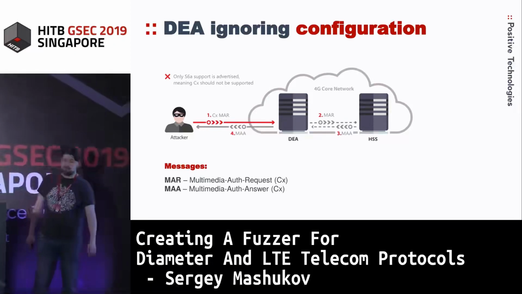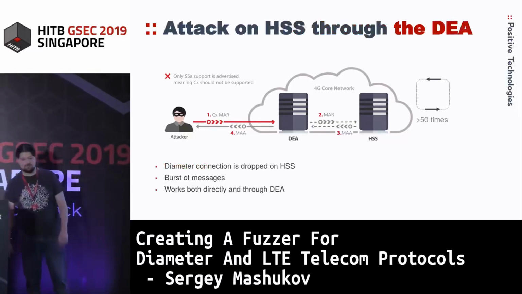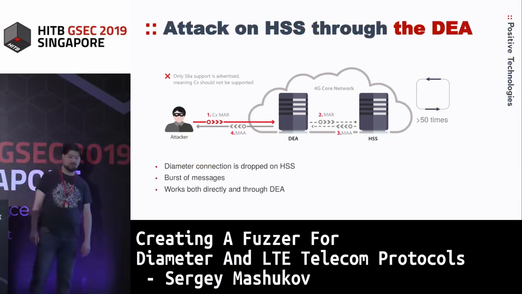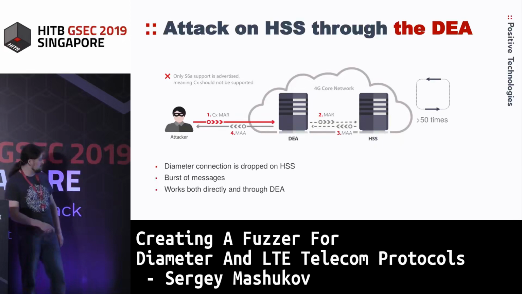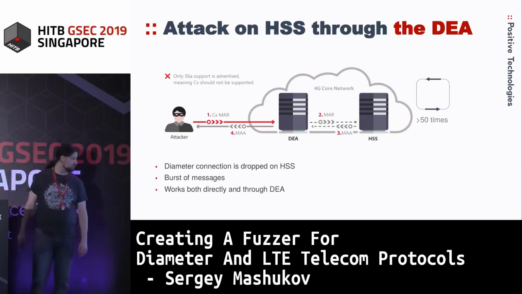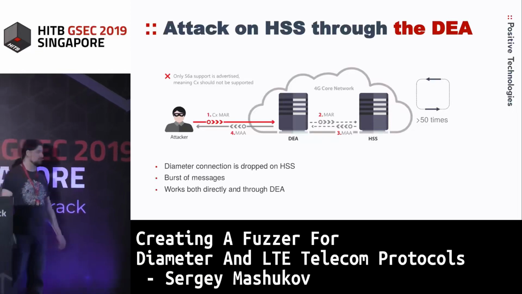Why may this be a problem? Well, because you can attack the HSS, and yes, we did find an attack that can drop the Diameter connection between the DEA and HSS. The malefactor needs to send a burst of messages for this, and we actually checked whether we can do this through the DEA, because that's malformed, right?